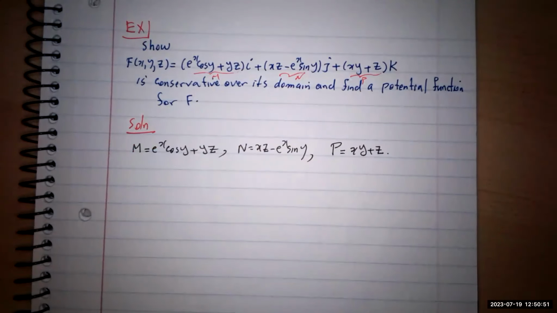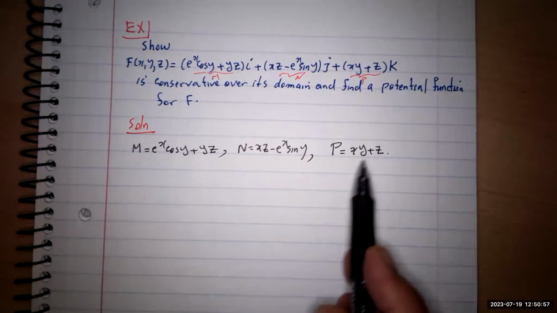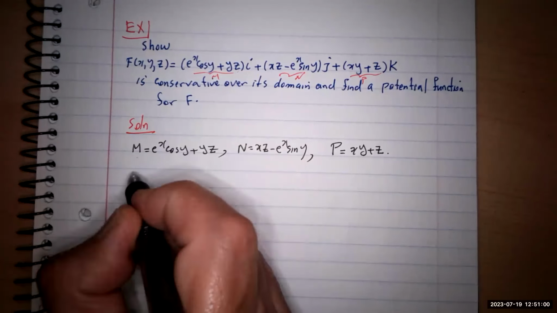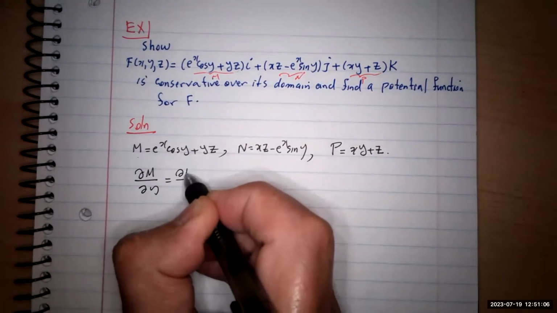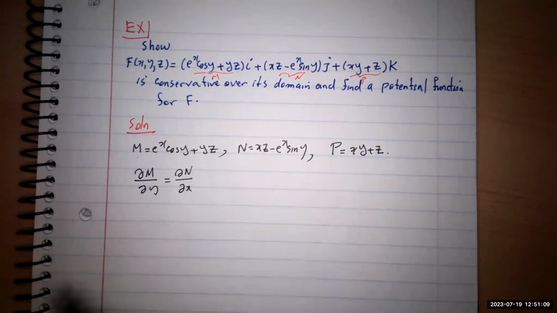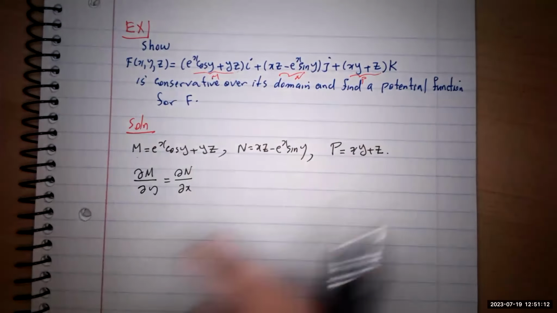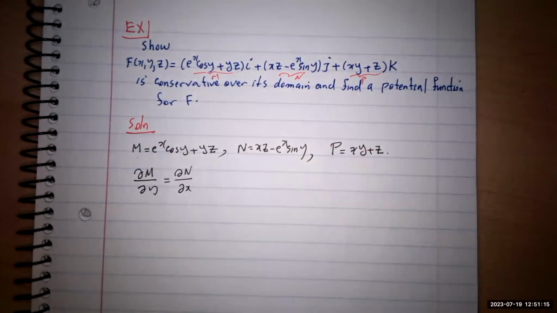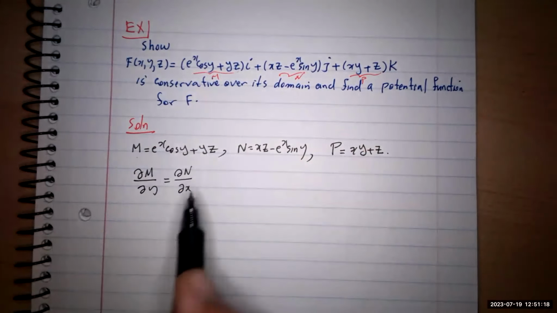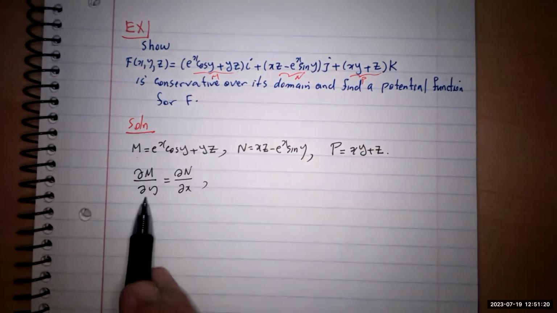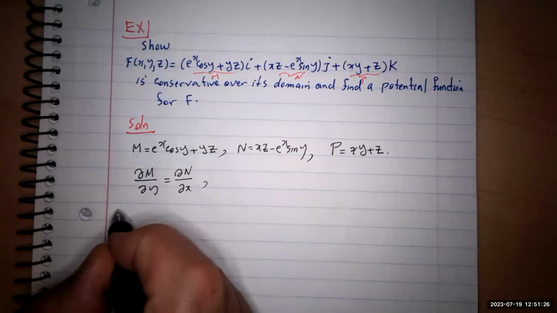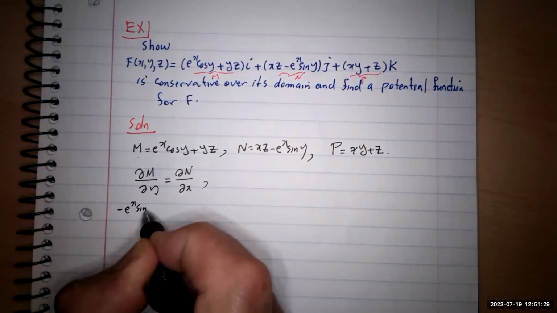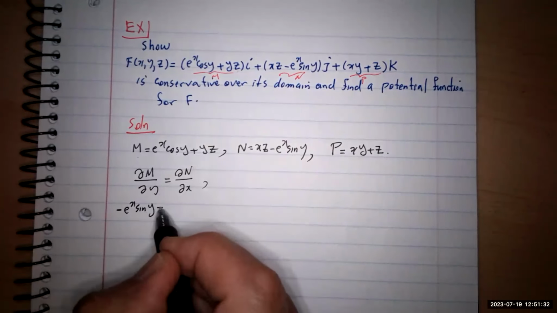Compare them together to get this idea that I talked about. I compare the M and the N together. So I have to have the partial of M with respect to y equal to the partial of N with respect to x. Partial of M with respect to y is negative e to the x sine of y plus z.